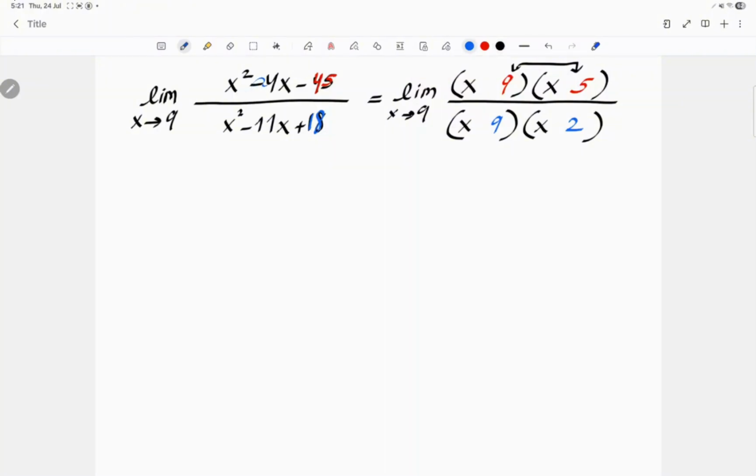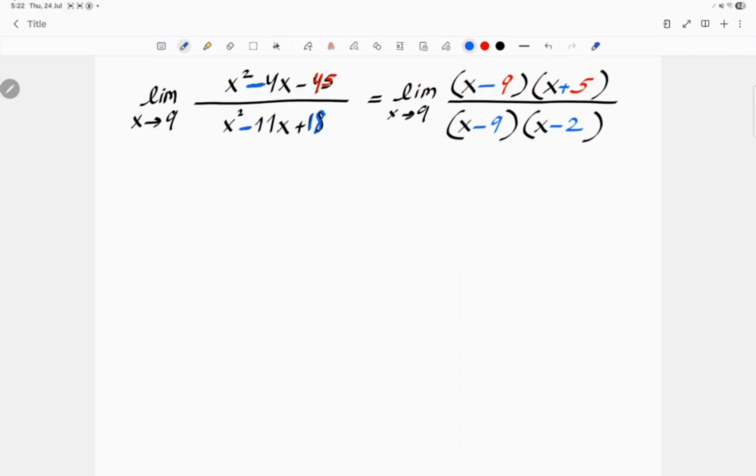But here we have negative 4. Yes. So what do you do? You do minus 9 plus 5. Why? To give you negative 4. And here you have negative 11. That means you will do negative 9 plus negative 2.